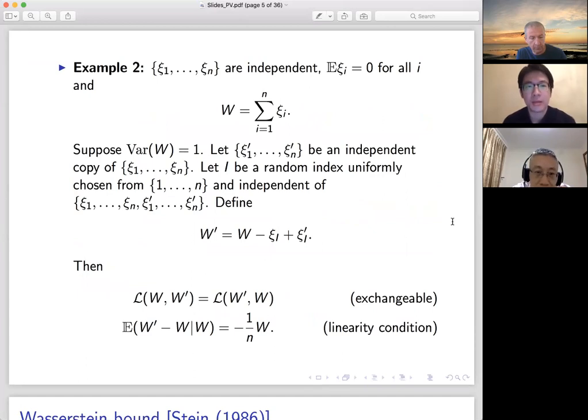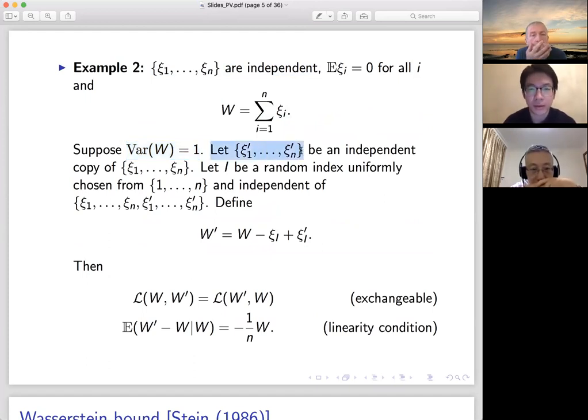Another example of this exchangeable pair structure is the sums of independent random variables. Here, xi_1 to xi_n are independent mean 0 random variables, and W is their summation. We assume it's standardized so that the variance of W equals 1. A standard way of constructing an exchangeable pair structure for this W is as follows.